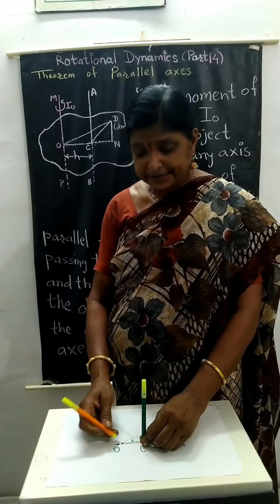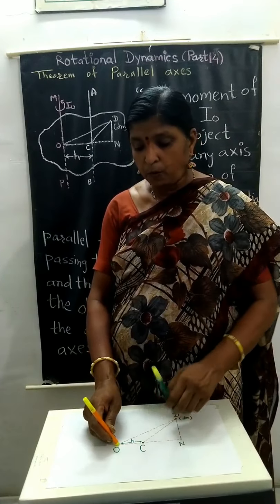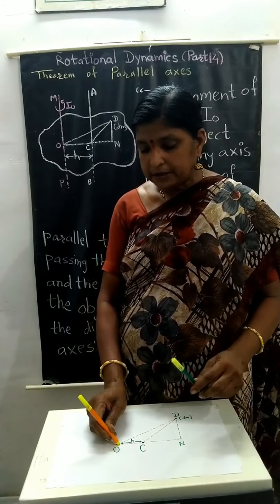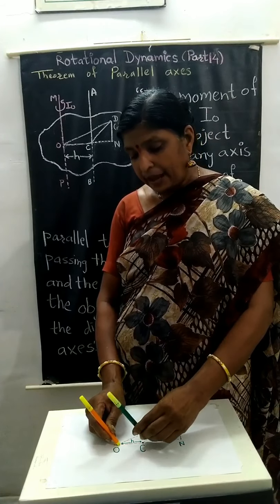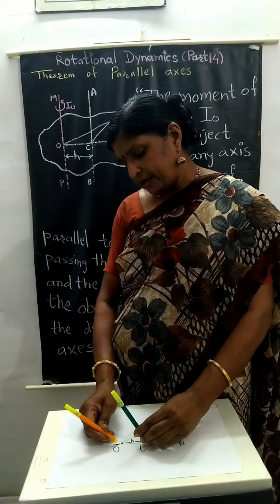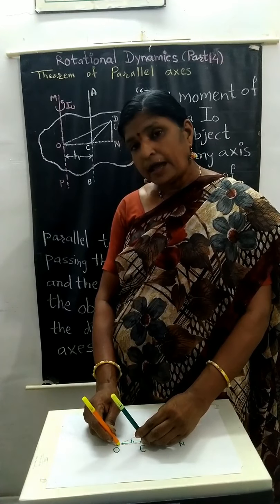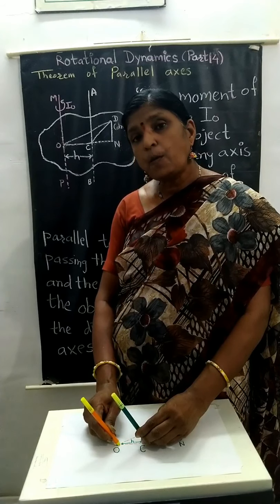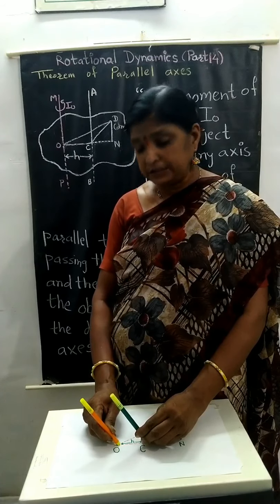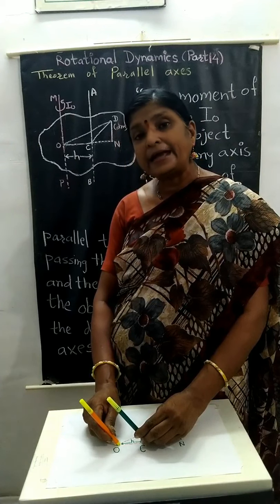If my axis of rotation passing through point O is like this, then I must know the moment of inertia of the body about an axis passing through point C and which is parallel to the given axis.